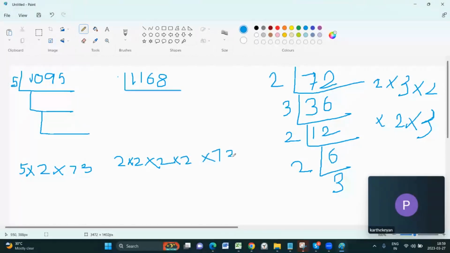Now tell me, what is the common HCF? We have a 73 here and 73 here.